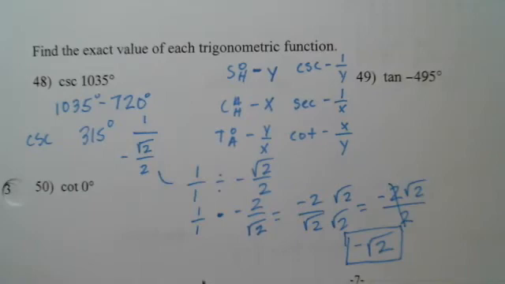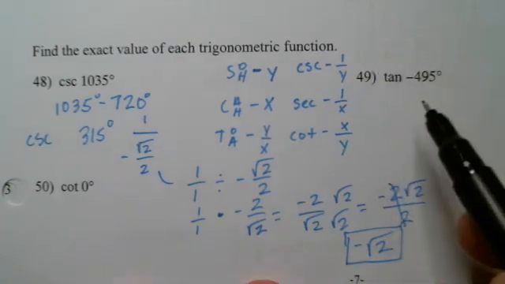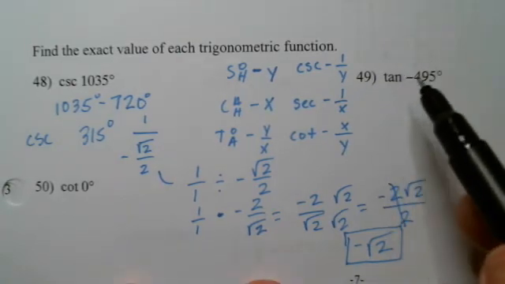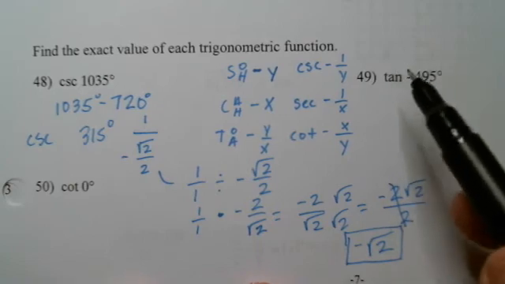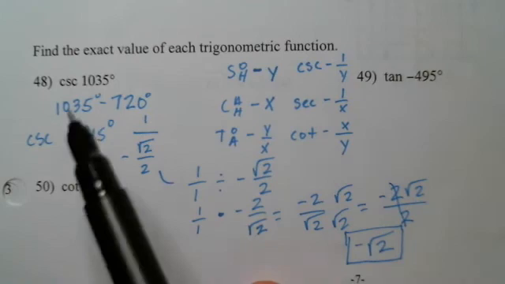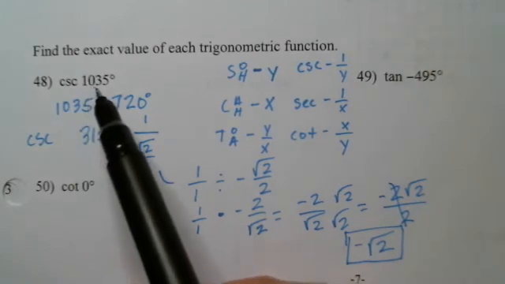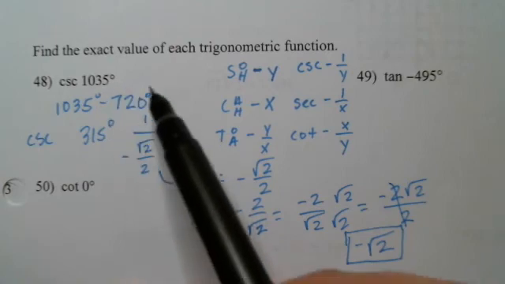You go clockwise, backwards, right? But I don't know if I told you this. Like here we go from 1,035 and we subtract the last perfect circle.